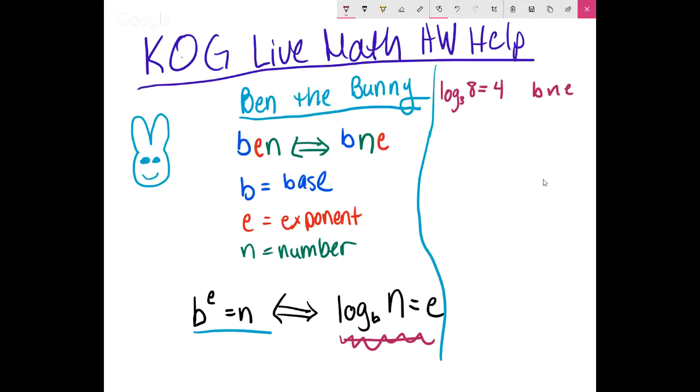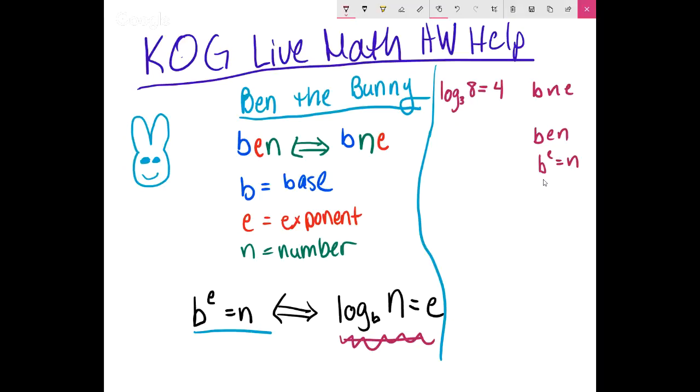We're going to Ben form, Bunny to Ben. Let's remind ourselves, Ben: remember we've got b to the e equals n. So what's our base? Our base is 3.